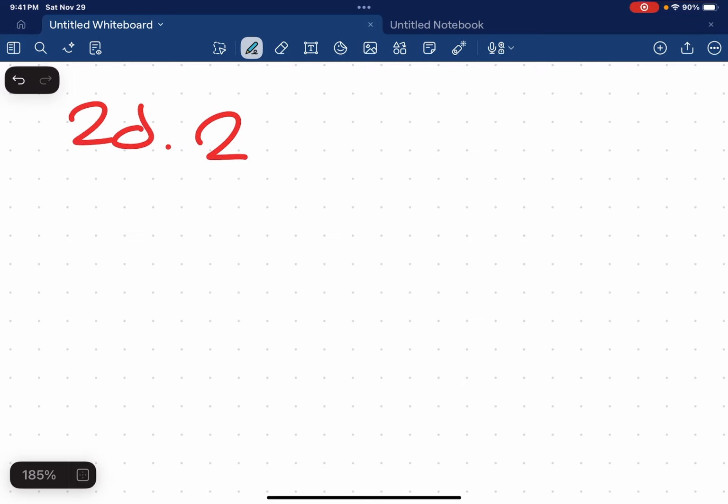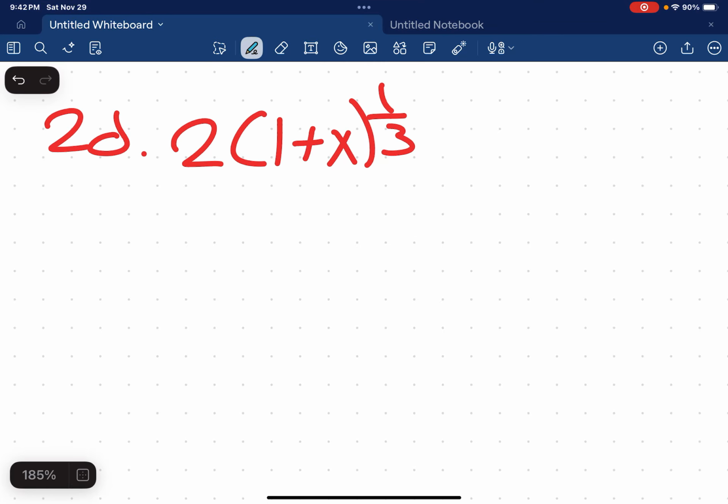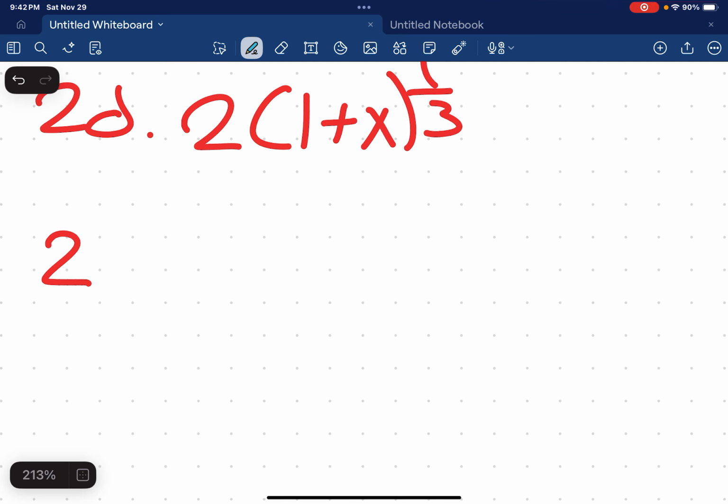Okay, 2d, we're going to be multiplying a 2 out of all of this. I'm just going to put the 2 out here for now. And we're going to do brackets since I want to use parentheses on the inside.